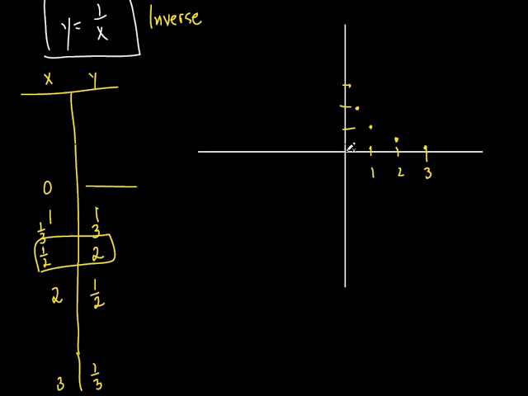Because when I put a 0 in for x, that doesn't exist. So what's my graph look like? It looks like this. It gets really, really close to that y-axis. It comes, hits those points, hits this point, down like this, and it keeps on going, and it gets really, really, really, really close to the x-axis, but it never touches, and it never touches here. So you put arrows on both ends.